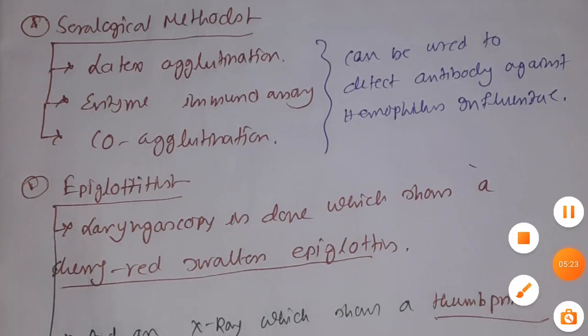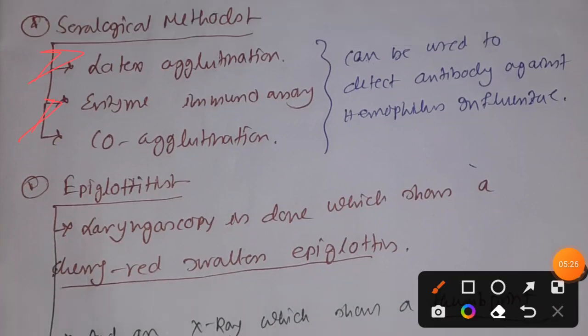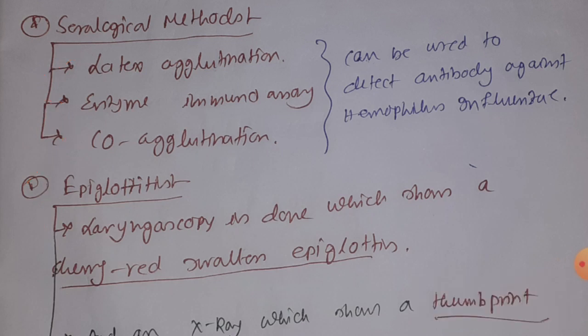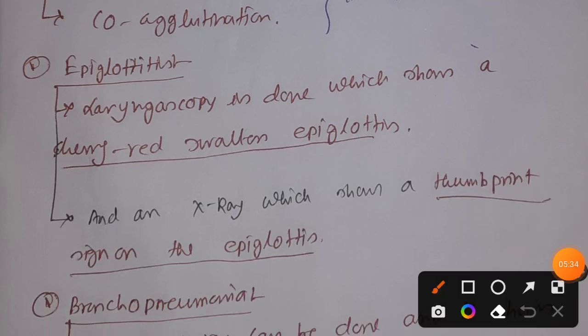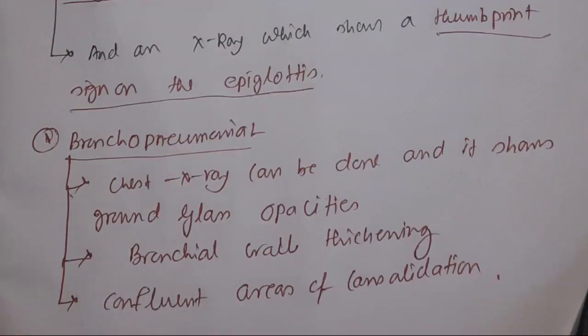In the serological method, we are using latex agglutination, enzyme immunoassay and co-agglutination, and we are finding antibodies against Haemophilus influenzae. We can also check for epiglottitis using laryngoscopy, and if we get a cherry red swollen epiglottis, then we can be sure that epiglottitis has occurred. And we can also perform an X-ray that will give a thumbprint sign on the epiglottis.